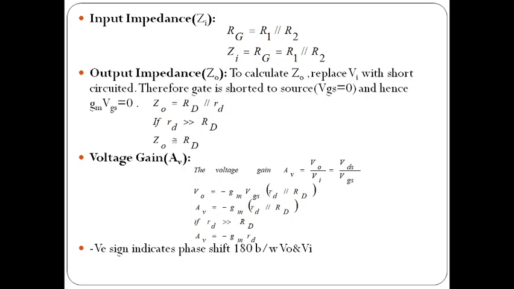Either a common source amplifier or a common emitter amplifier provides a 180 degree phase shift from the input to the output.